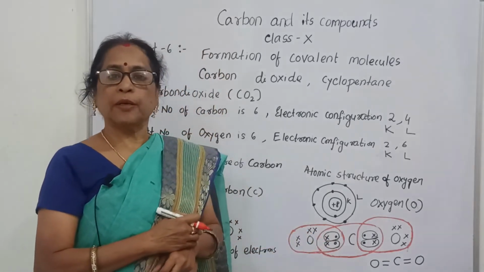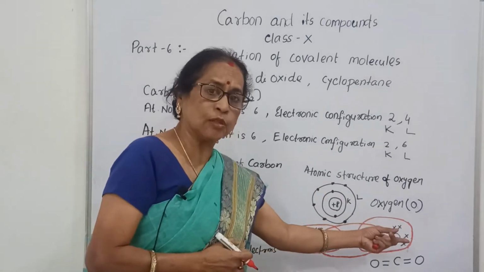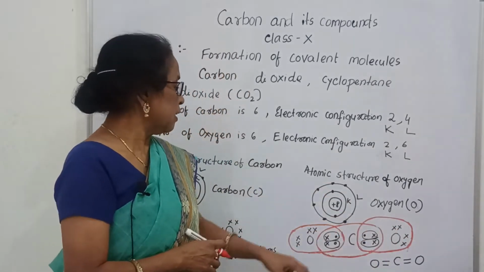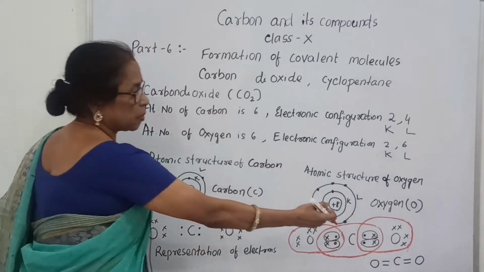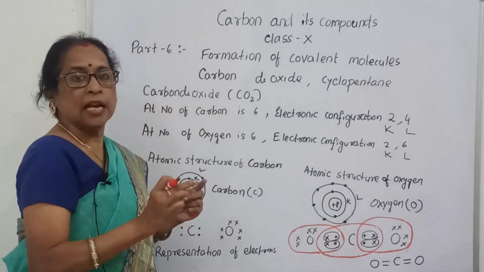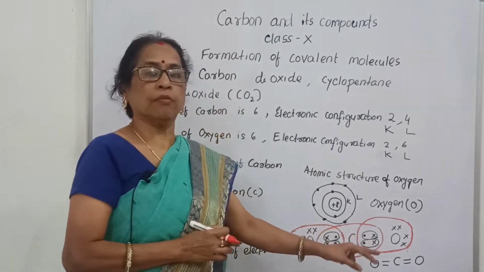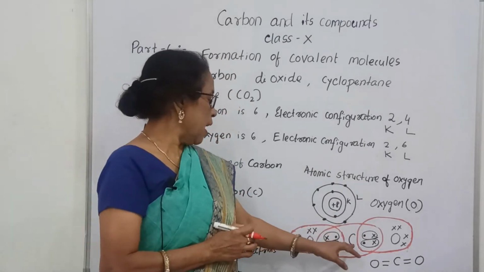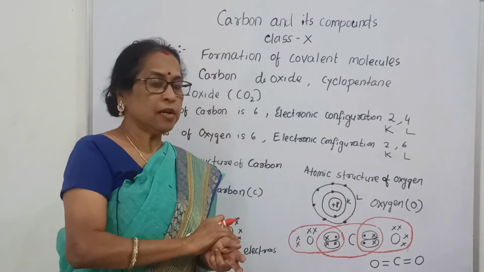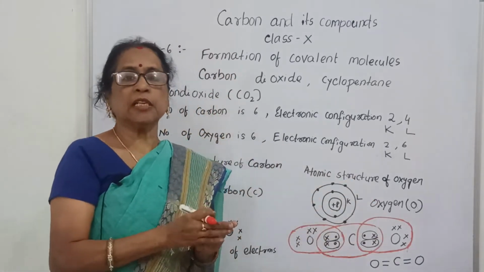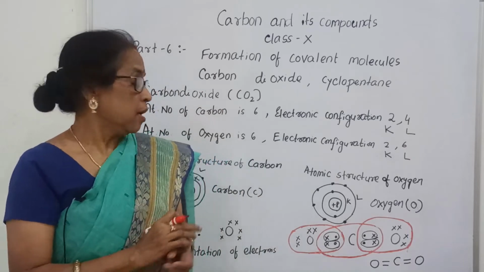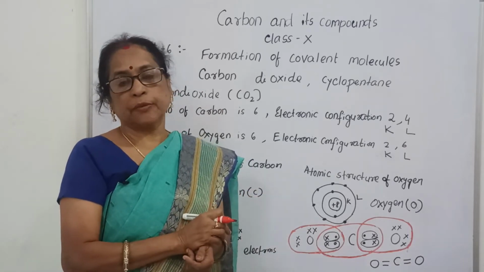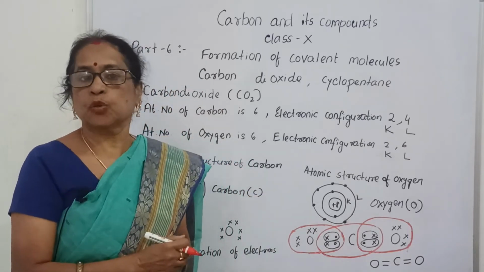Here 2 covalent bonds. Now on that side also, on the right side you can see one electron from carbon and another from oxygen, sharing a pair of electrons, forms a covalent bond, and one from carbon and another from oxygen also forms a shared pair of electrons that gives a single bond, that is a covalent bond.